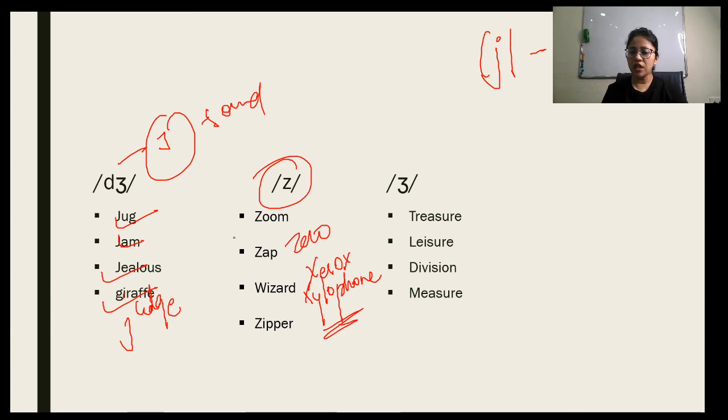So it goes zh, zh, treasure. So this is the sound in treasure. All right, leisure, division, zh. Okay, measure, zh. So can you see that?